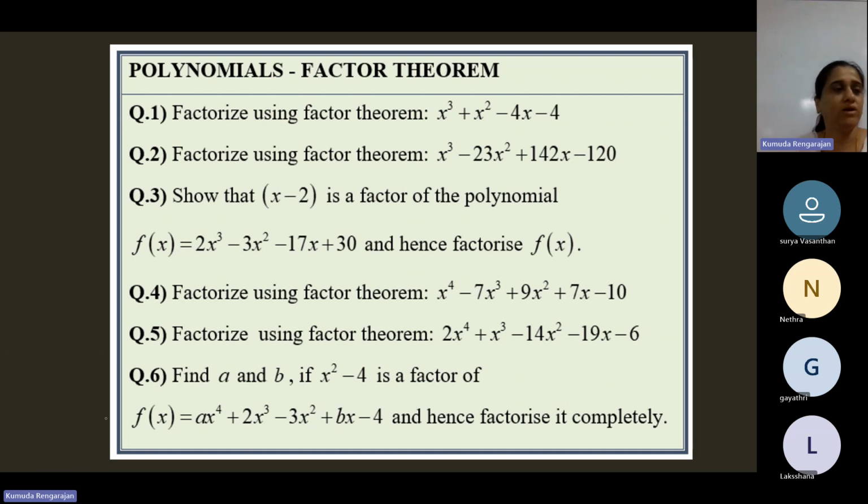If it's a cubic polynomial, it can have a maximum of 3 factors. If it's a biquadratic polynomial, it can have a maximum of 4 factors. So the question is to factorize, which means find all the 3 factors or all the 4 factors.